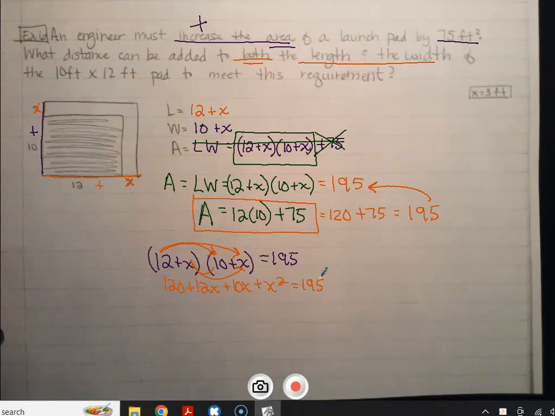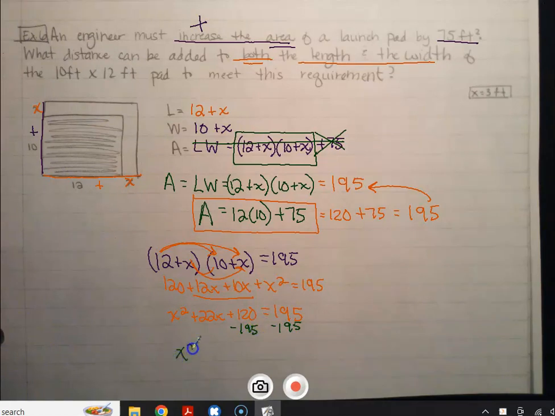Definitely not in standard form. So we're going to start with our x squared. We're going to combine our like terms. So plus 22x and then plus 120 equals 195. Still not in standard form. Why is it not in standard form? Good, the 195 is problematic. So we have to subtract the 195 because we have to get 0 over there.